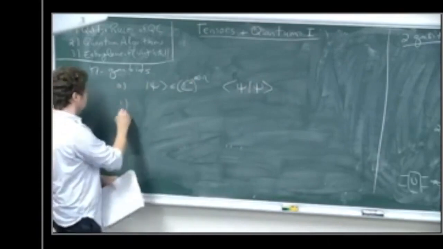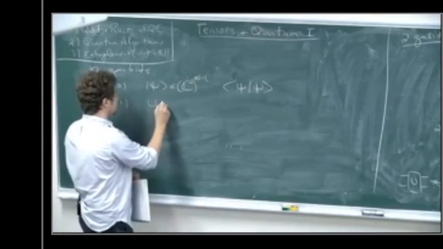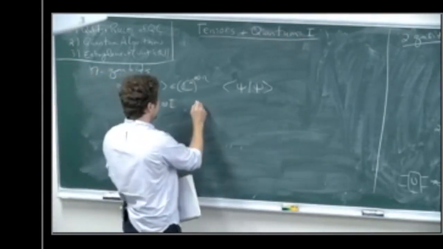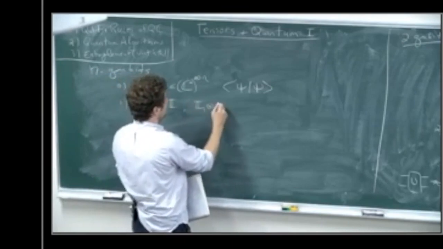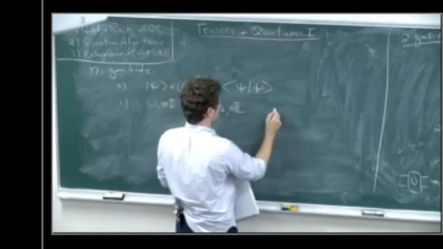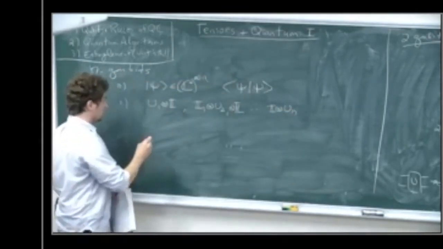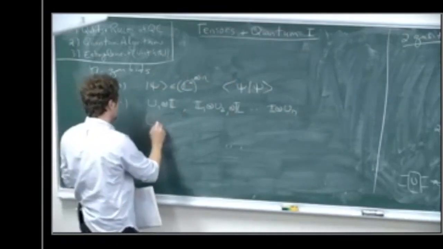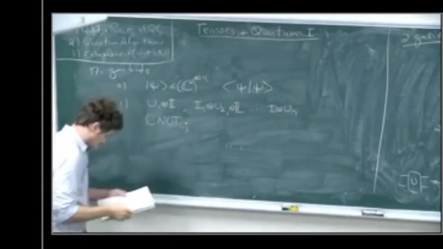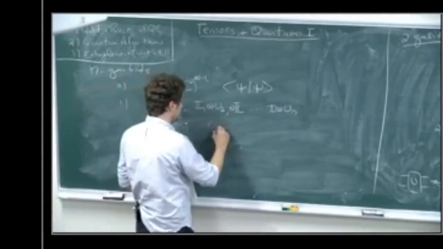My dynamics, in principle, are going to be all unitaries, but actually, it's going to be useful to just talk about all the 1 qubit unitaries, and a bunch of C0s, so C0s between any pairs.